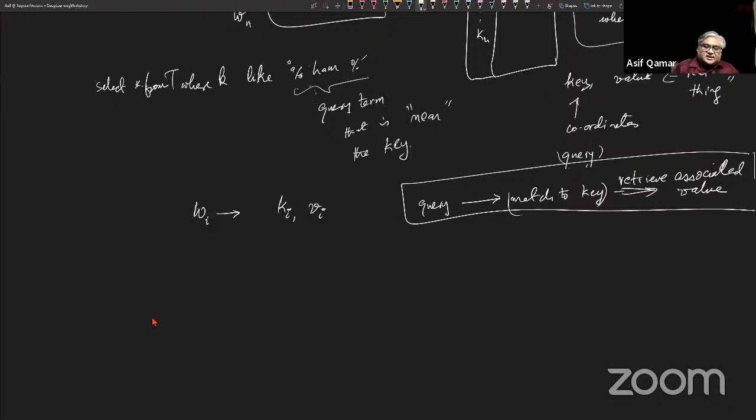Suppose you have another word, qj, and you want to retrieve a value. What will happen is that you want to find the similarity between ki and qj, right? If it is not an exact match, in the probabilistic domain, the most crucial thing for retrieval would be something like the similarity, isn't it, guys?